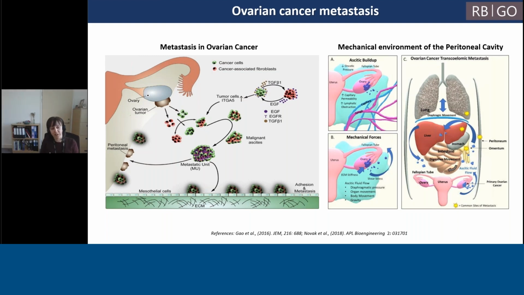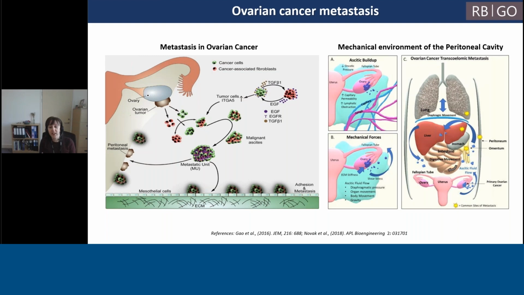What happens here is cancer cells are released from the ovarian tumour into the peritoneal cavity, where these cells are then aggregated into multicellular aggregates. These are then transported in the ascites fluid within the peritoneal cavity to the peritoneal lining, where these cells adhere, disaggregate, and then invade through the lining, which leads to metastatic colonization of the peritoneal lining.